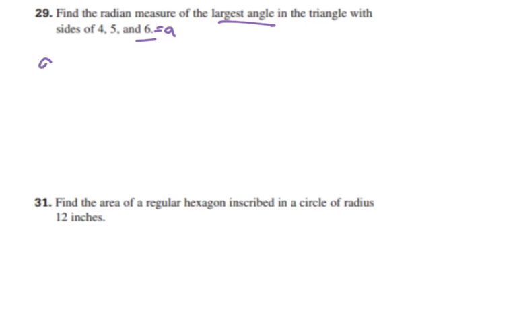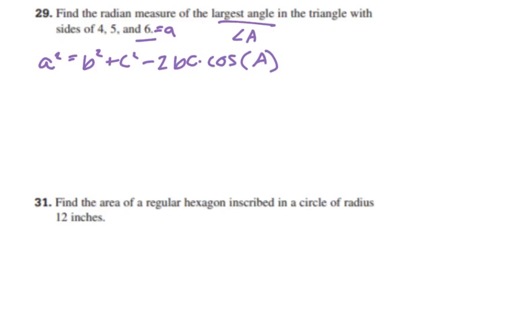So the law of cosines says a squared is equal to b squared plus c squared minus 2 times b times c, and cosine of A, and again A is going to be the largest angle if I've made the largest side A.